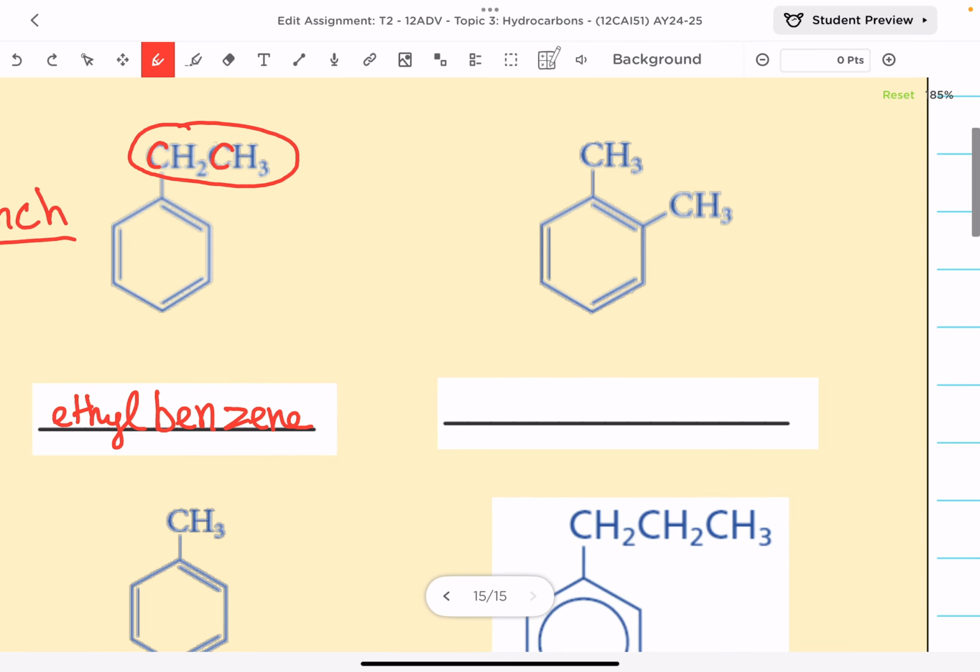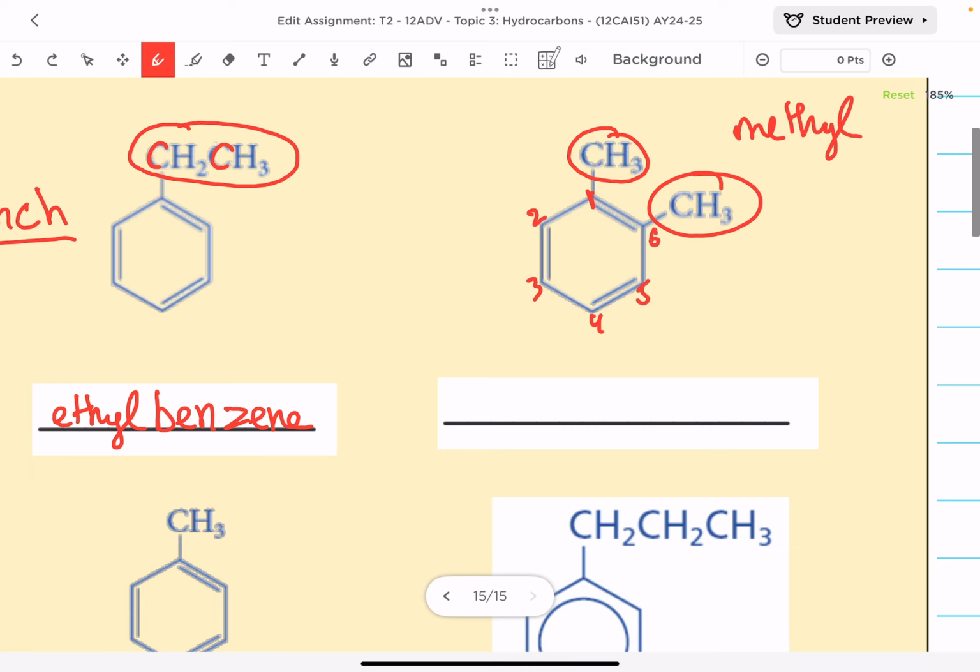Now, in this example, we have 2 branches of methyl. So, in order to locate those branches, we need to give them the lowest possible number. So it's 1 and 2. We do not number the ring like that, 1, 2, 3, 4, 5, 6.